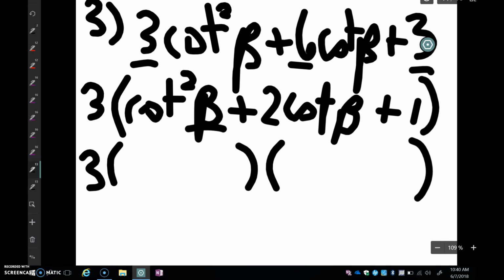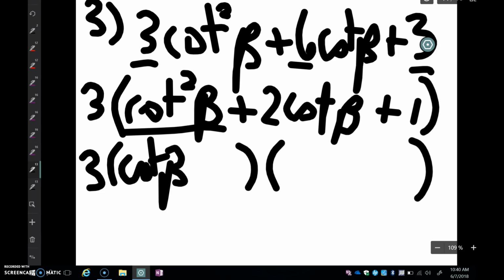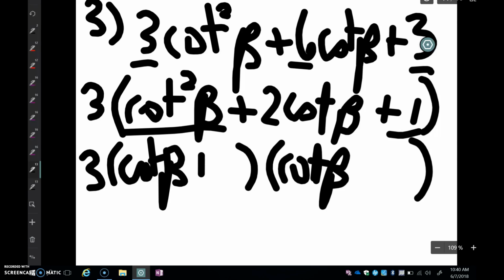So remember, we're trying to get cotan squared, so I can get that by doing cotan beta here and here. That gives me cotan squared. And then I'm trying to get the 1. So to get the 1, I can just put a plus 1 in both slots. And if you FOIL that out, that does give you the quadratic equation up above there. So that's how you factor.